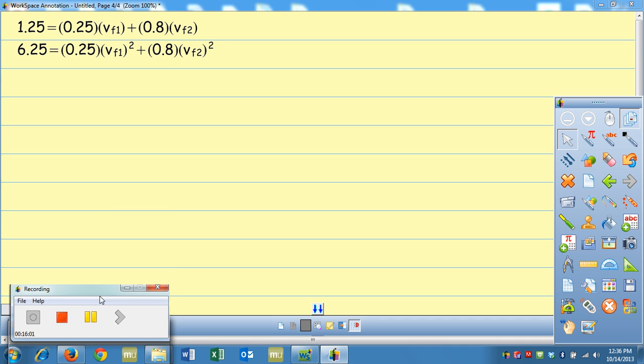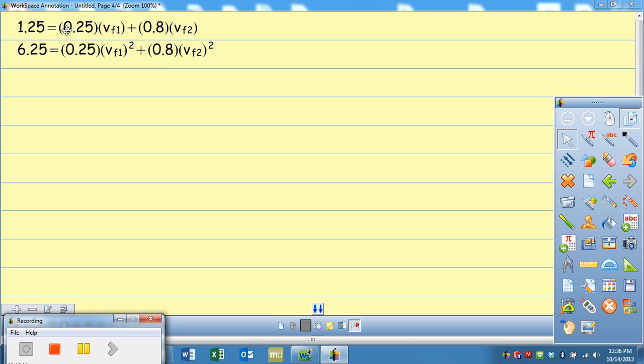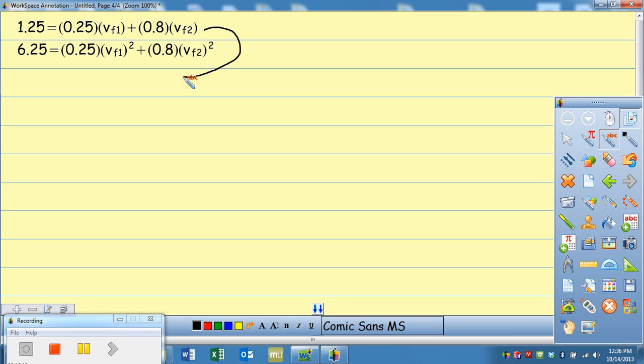You can see that we've got two equations with two unknowns, V final 1, V final 2. Those are the two things we're trying to find out. This is a mess, but it's just a substitution problem. So what I suggest is we go with the linear equation, this one here, and we solve it, say, for V final 1, all right?